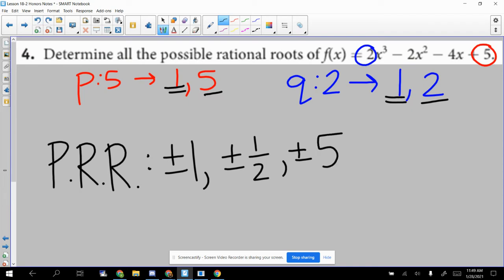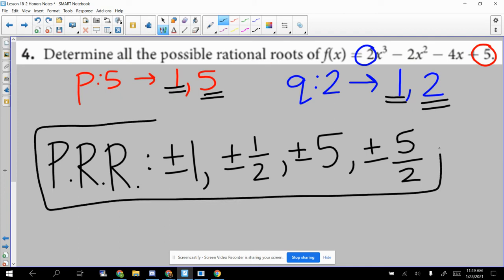So that's 5. And plus or minus 5 over 2. So that's 5/2. And that's it. Okay, so that's how you find all of your possible rational roots. And then, like I said, from there, we're going to use the other rules and theorems to help us narrow it down.